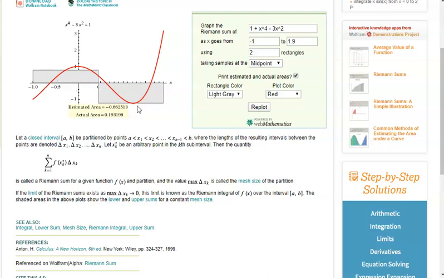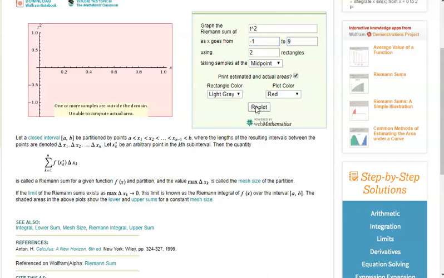So here this one has kind of above and below for those, but I could actually, let me change this. Let's go to do our t squared. And I'm going to say that it goes from our interval, and I'm just going to go -1 here to 9, so we can kind of see a little bit more of that. Let's replot and see what it gives us.